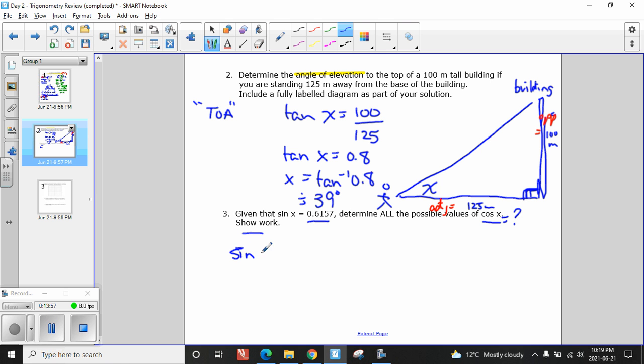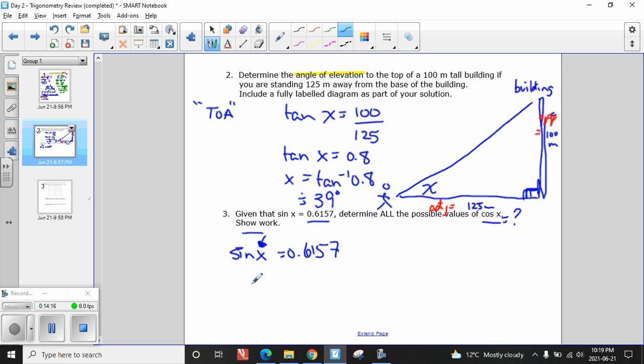So sine x is 0.6157. I can find the angle x, just like in the last question. I can find the unknown angle, and that's really all I can do with this equation. Right? I can't rearrange it. There's no diagram.